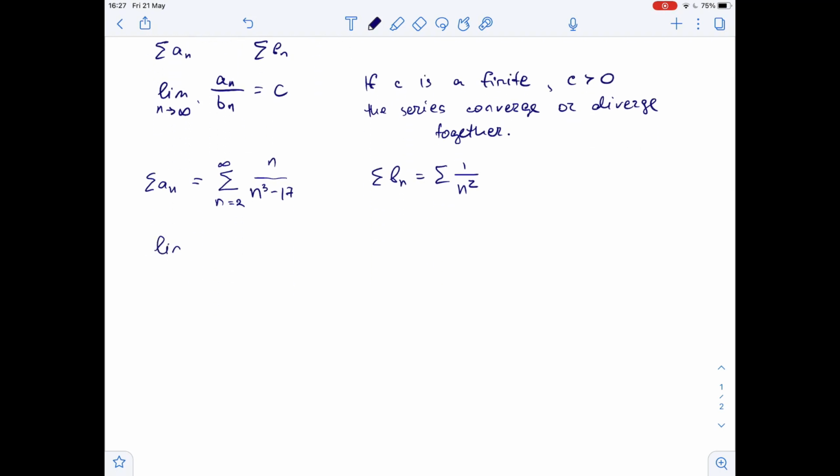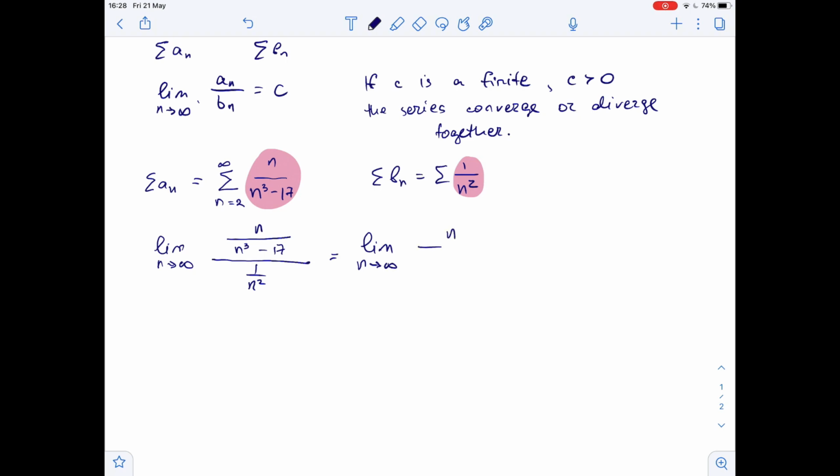Now let's calculate the limit where n approaches infinity, and we need to divide this by this. So we have n over n to the third power minus 17, and this whole thing is over 1 over n squared. Let's simplify our expression.